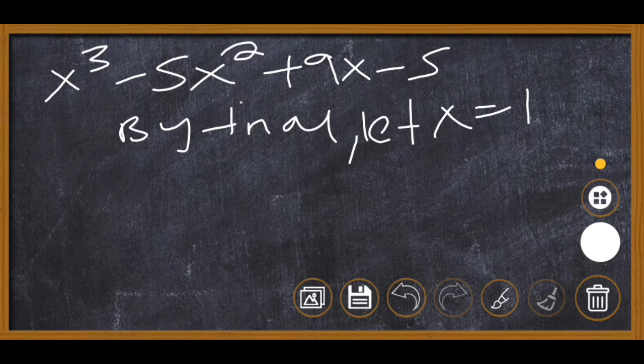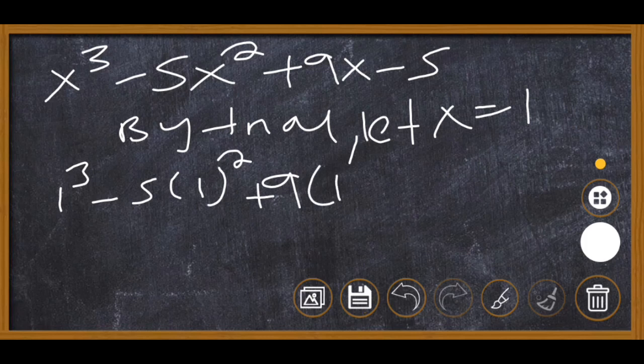So where there is x in this polynomial, we are going to replace it with positive 1. When we do that, we are going to have 1 raised to power 3, minus 5 times 1 squared, plus 9 times 1, minus 5. So 1 raised to power 3 is simply 1.